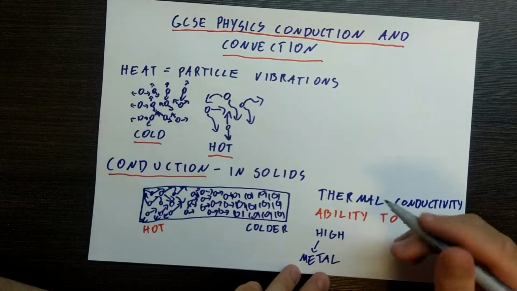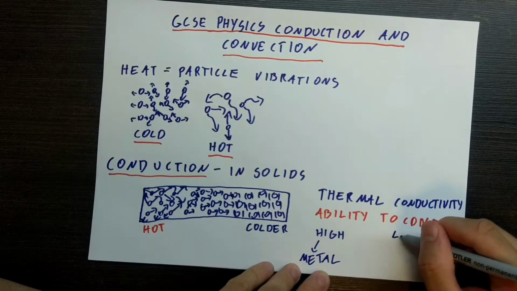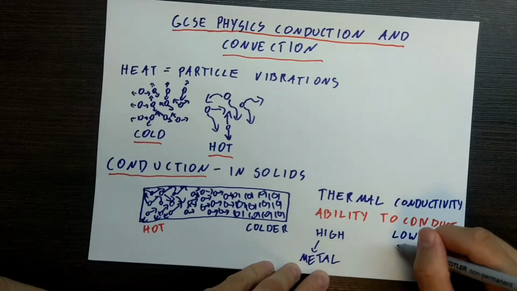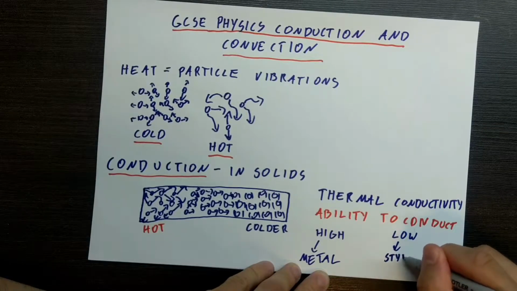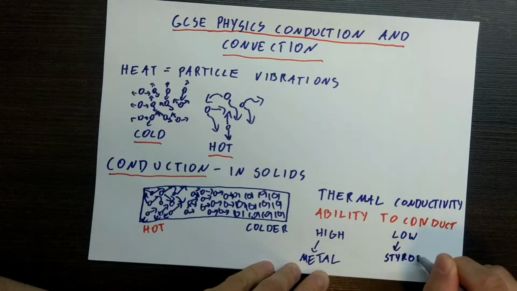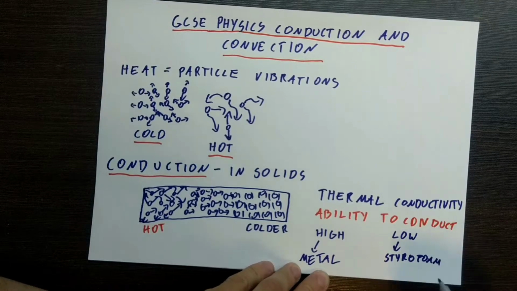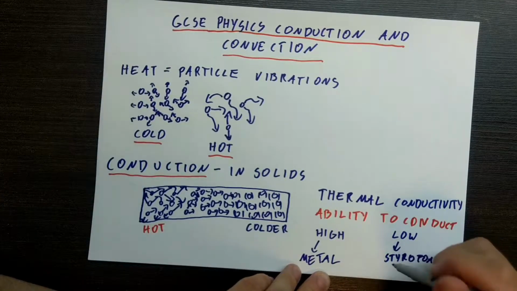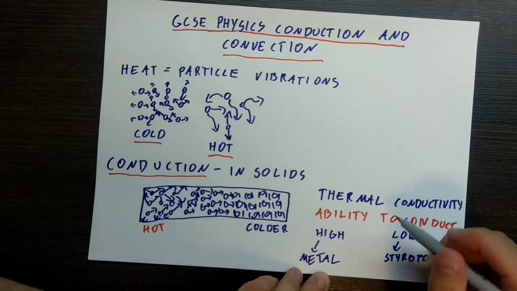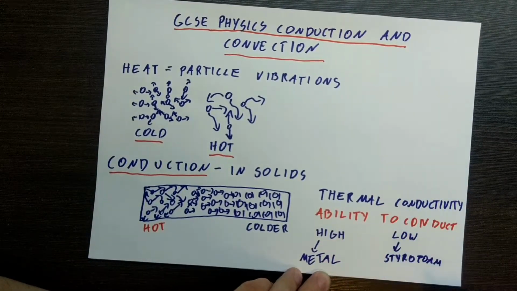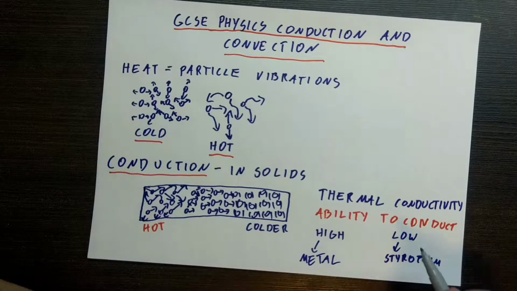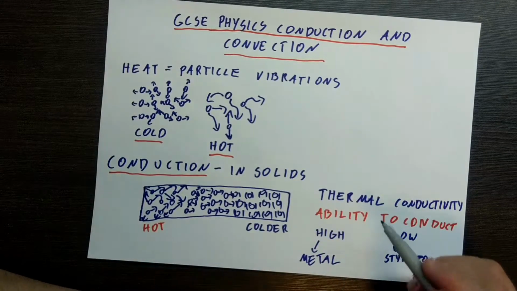Whereas low thermal conductivity, for example, could be styrofoam. Styrofoam is a good example, because that's what we use as an insulator. This is a good thermal conductor, and this is a good thermal insulator. So that's how conduction works.